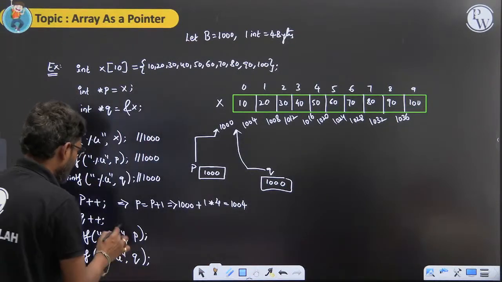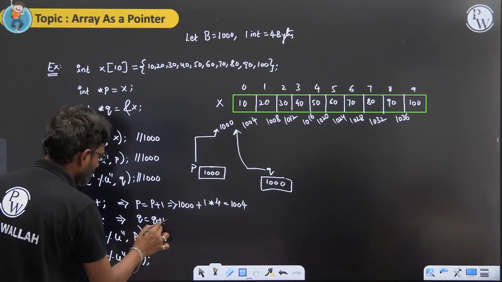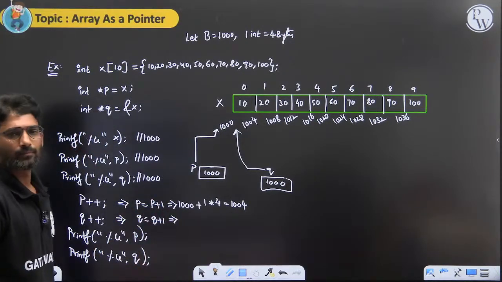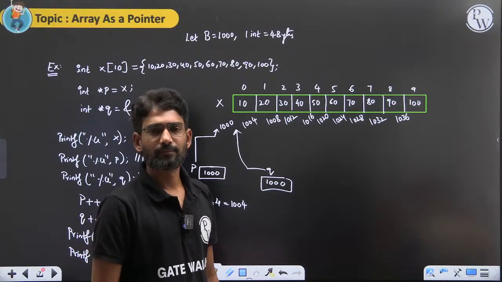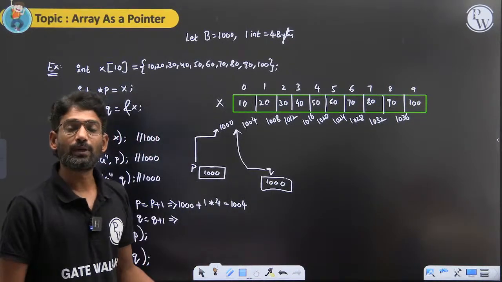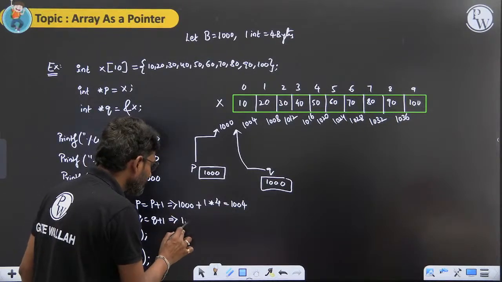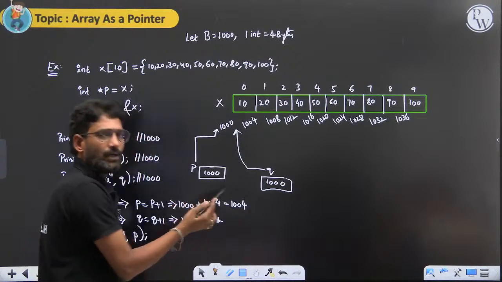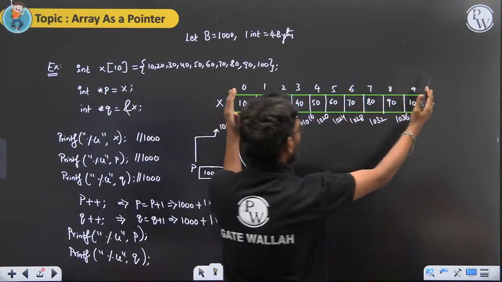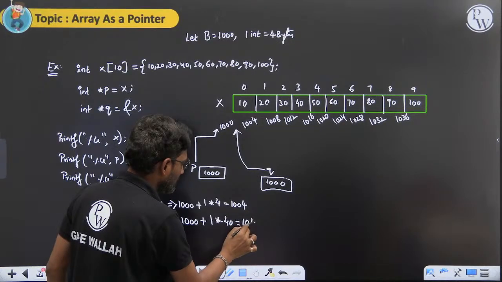But when I say Q is equal to Q plus 1, this would be 1000 plus 1 into the total array size, which is 40 bytes. So this would be 1040.